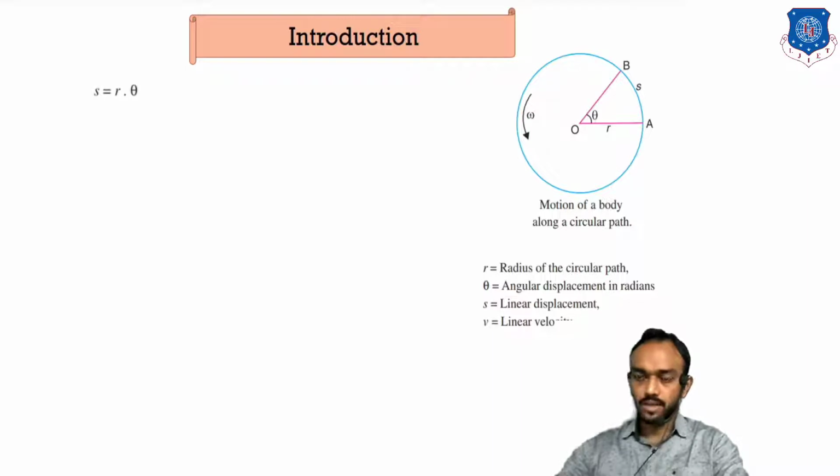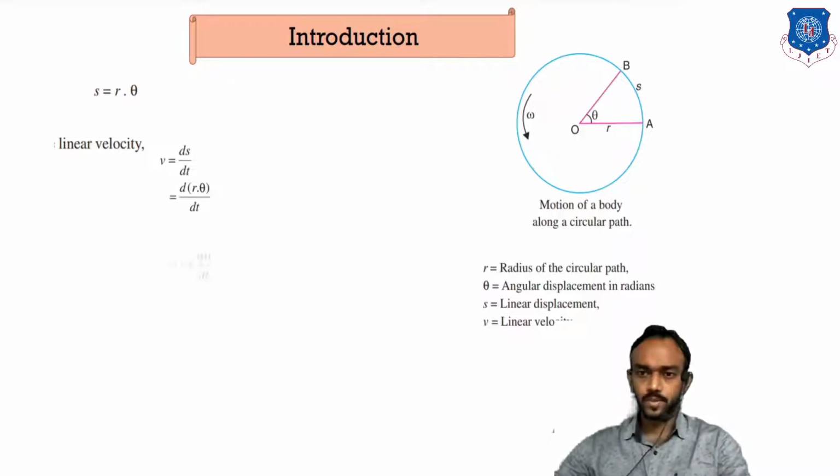So s is equal to r theta, and linear velocity, as you know, is equal to ds by dt, meaning rate of change of position with respect to time. Since s is equal to r theta, we put the value r theta in that, and d by dt means derivative of r theta.